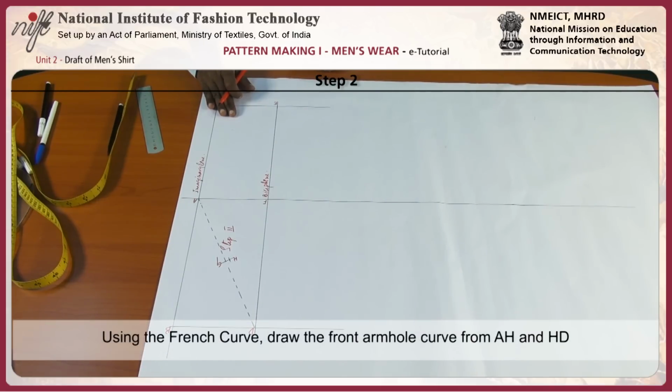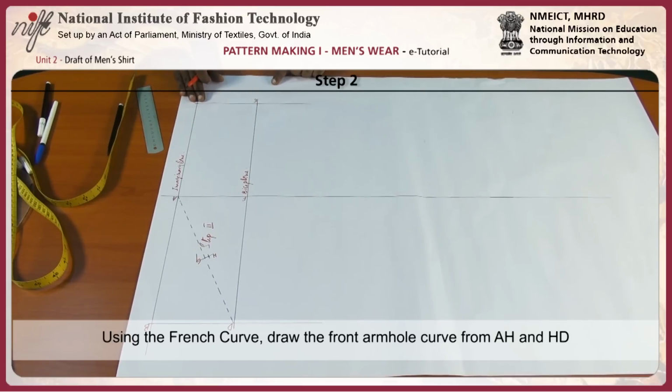Draw the front armhole curve from A to H and H to D using the French curve as demonstrated.